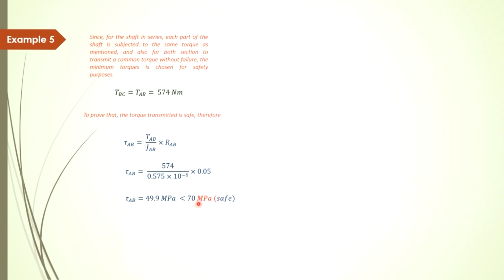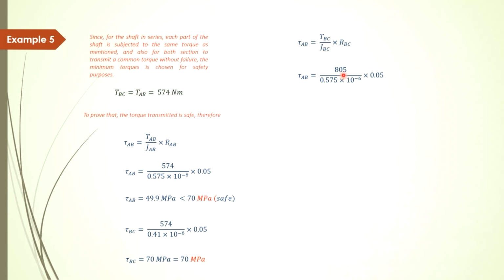After comparing with the limiting shear stress, section AB would be safe. Then for section BC with the torque of 574, the shear stress is just nice, equal to 70. So if I choose 574, it satisfies both sections without failure.